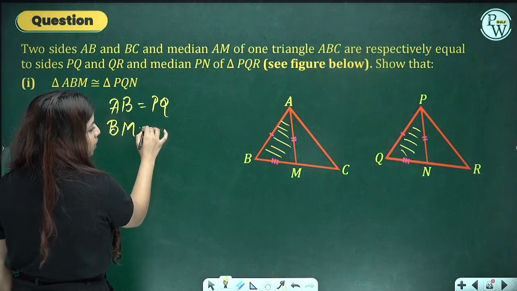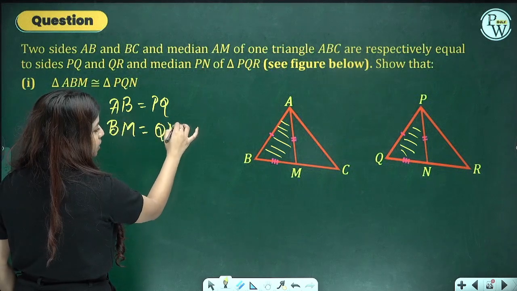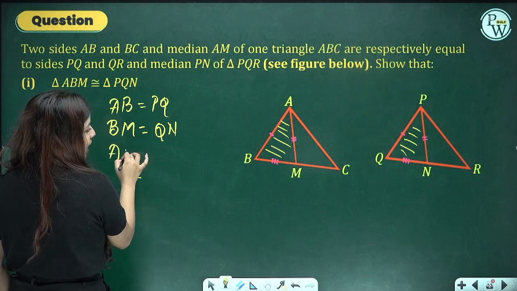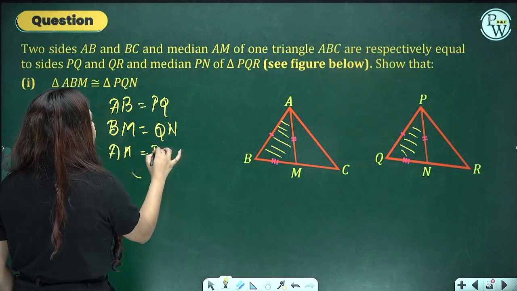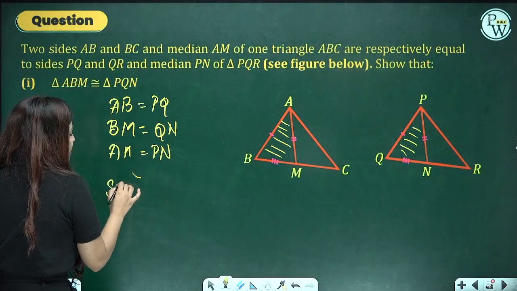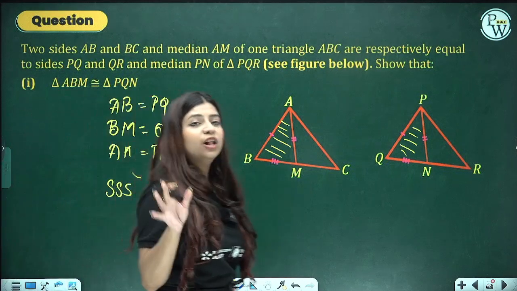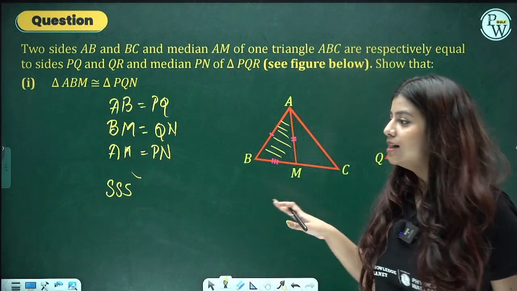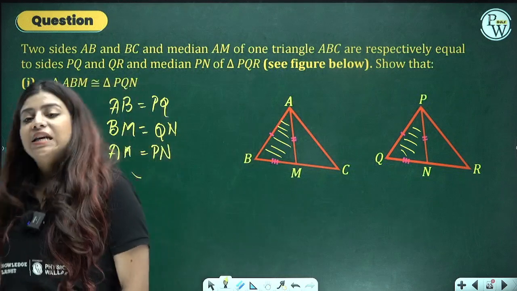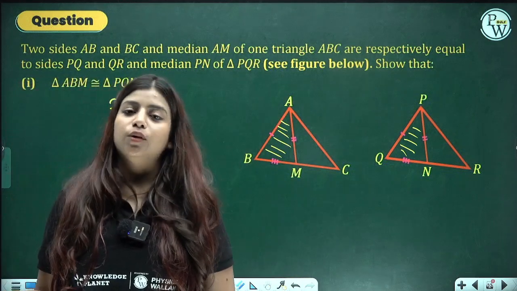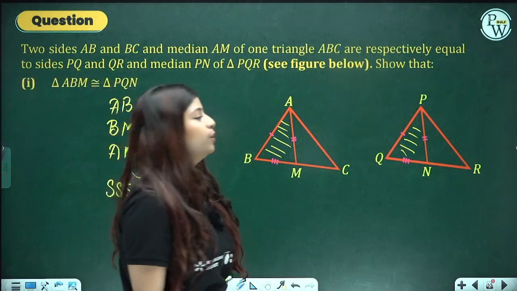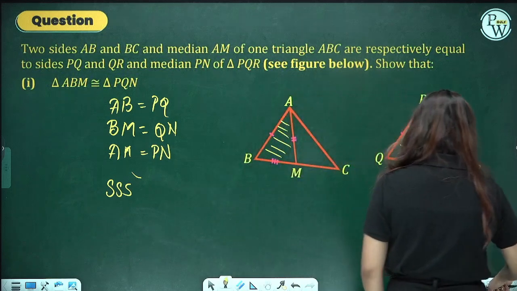BM is equal to QN, also given in the question. And AM is equal to PN, also given in the question. So as all the three sides of one triangle are equal to all the three sides of the other triangle, they are congruent to each other by triple S criteria.